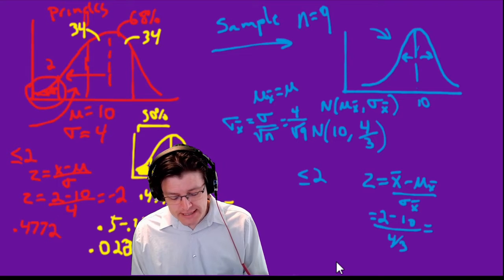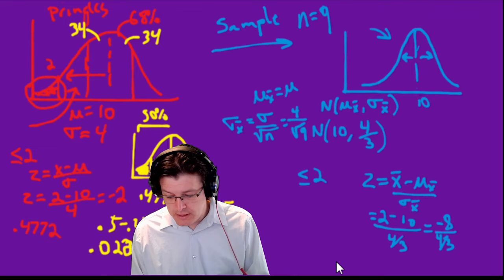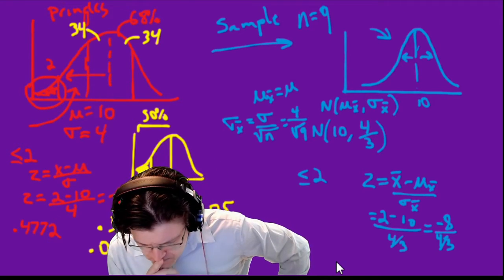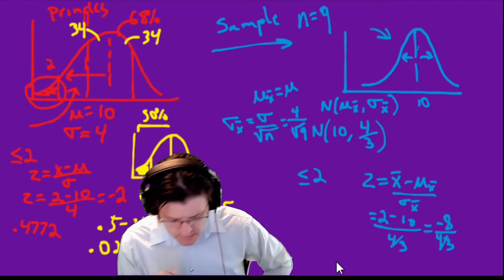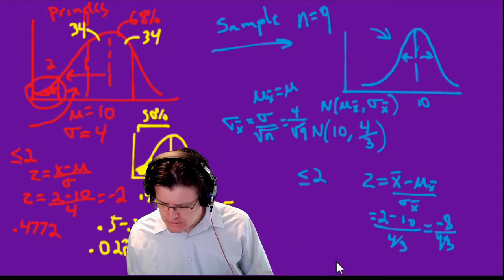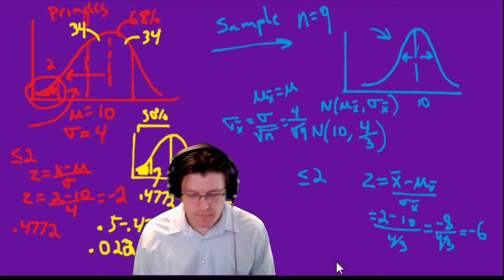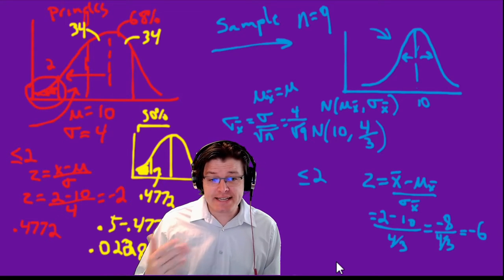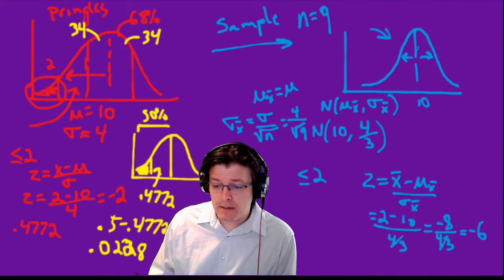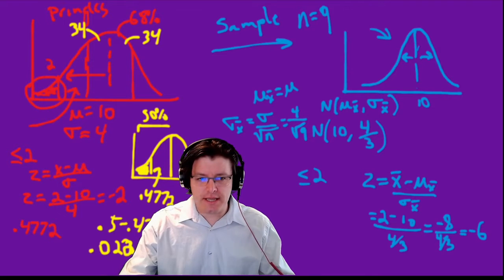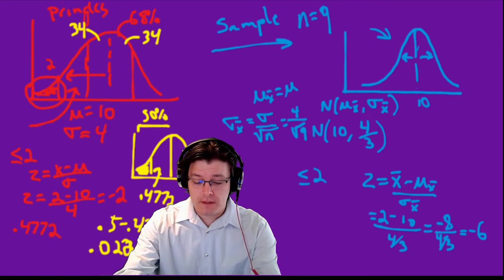So we can finish this out. We get -8 divided by 4/3. Let's see, that's going to be -6, right? So I think we get a z-score of -6. That is going to give an extremely small value.